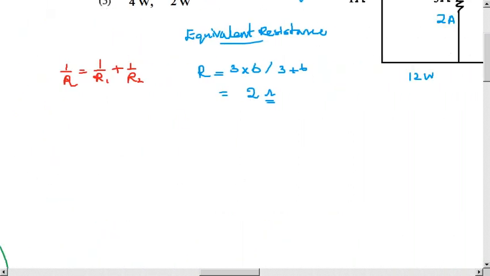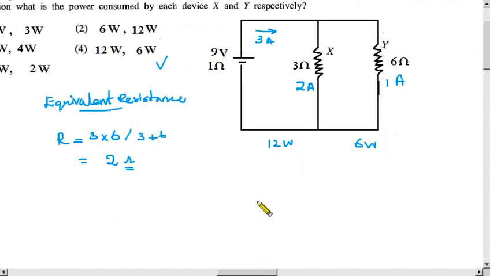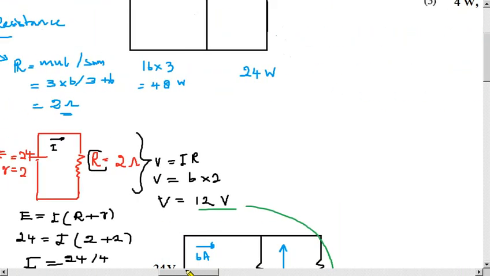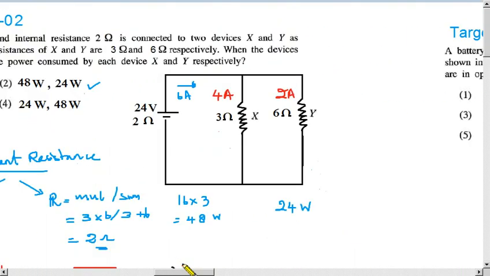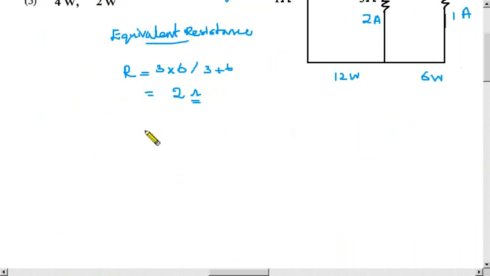Previously I did it, therefore let us skip it. The same values 3 and 6, so that way also you get this 2. And also now we have to find the current, because previously the battery voltage was 24, not 9 volt. Now let us do it.